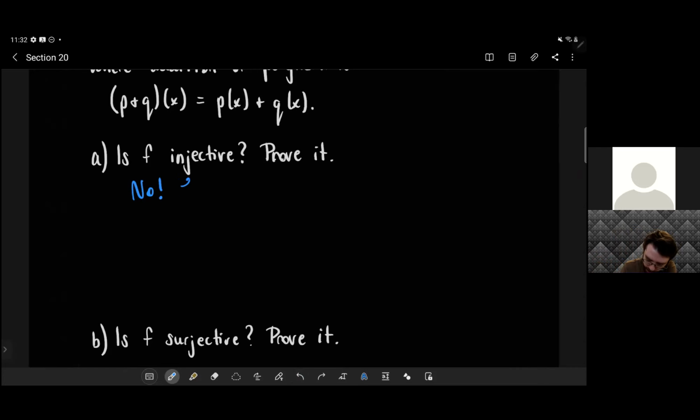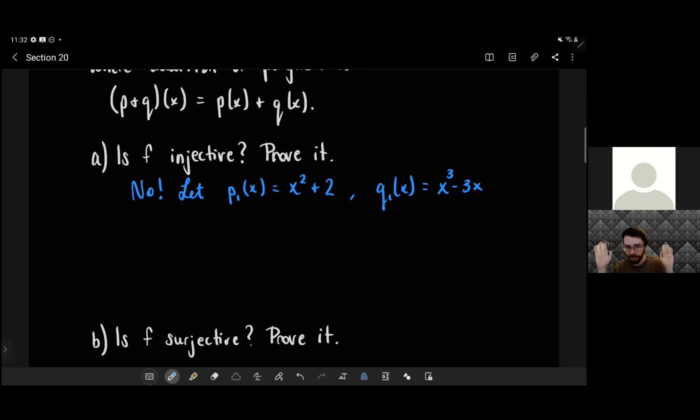and I'll just say let P1 of X maybe be the polynomial, you can pick anything, let's say X squared plus 2, and Q1 be, I don't know, X cubed minus 3X.